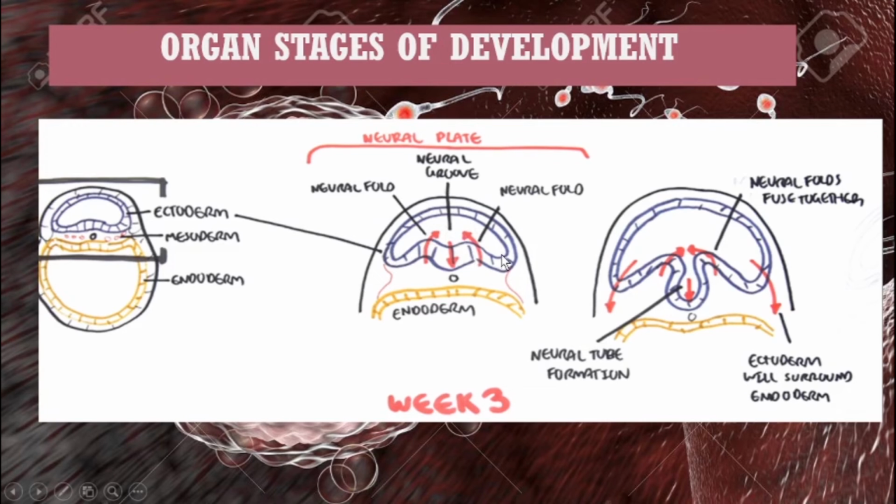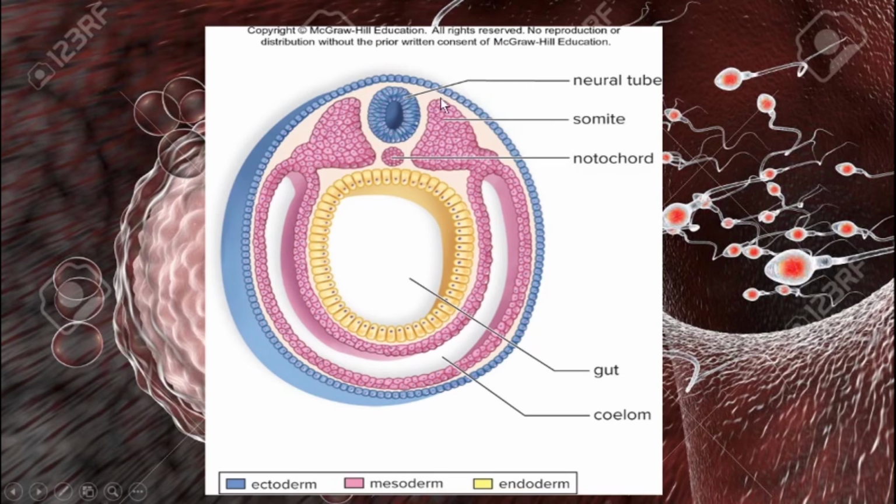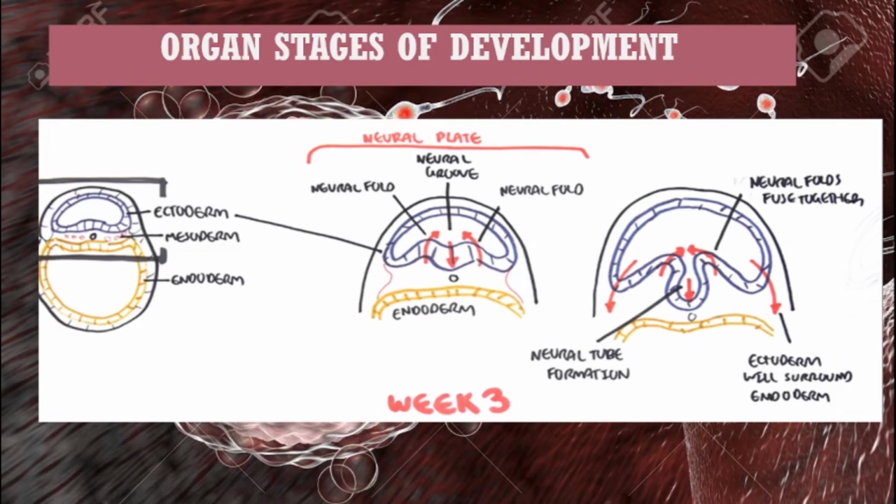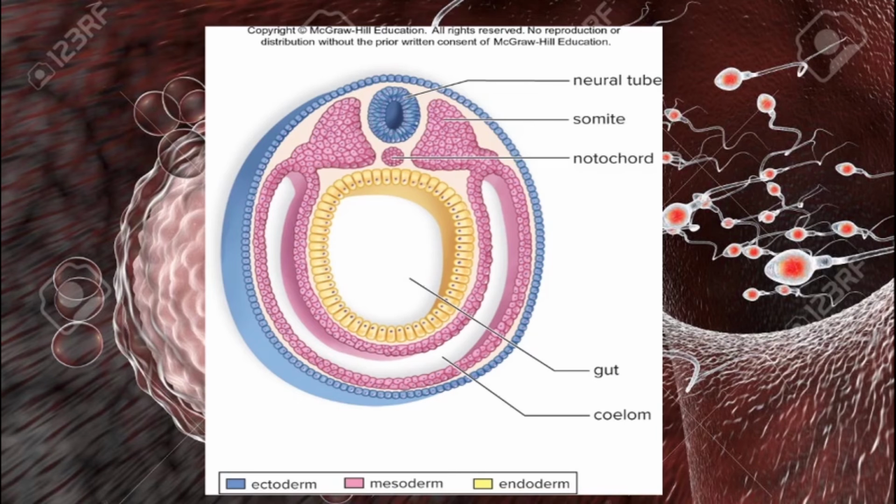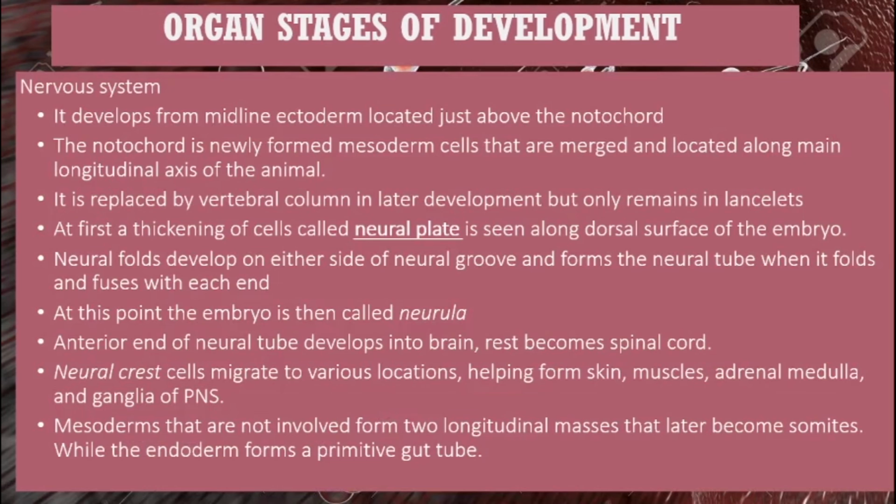So on this fold, as you can see, it folds inside and forms the neural tube. It folds and fuses together. So as you can see here, neural tube formation, it will develop into a neural tube just like this one. And at this point, the embryo is called a neurula.